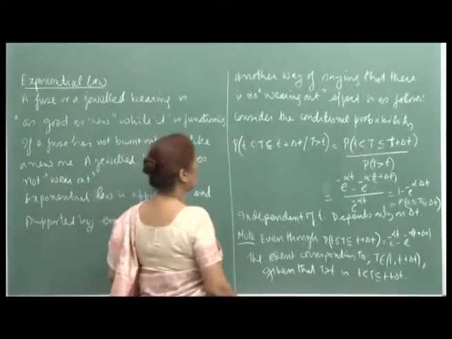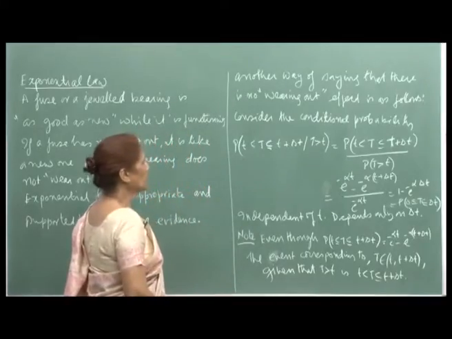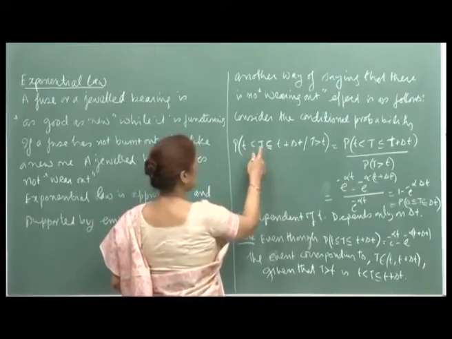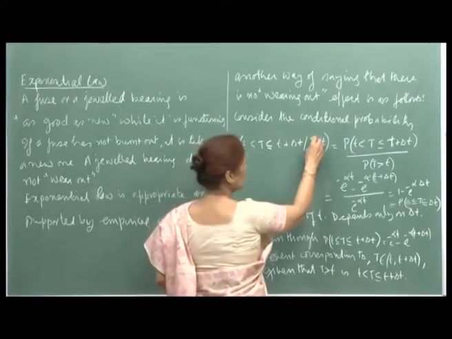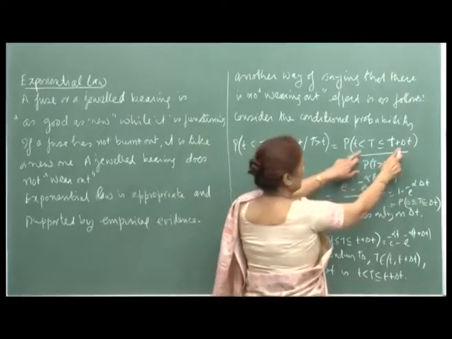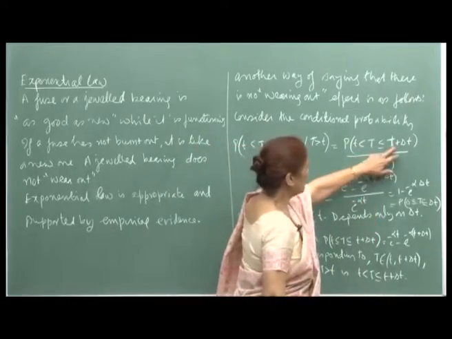Okay. So, another way of saying that there is no wearing out effect is as follows. Consider the conditional probability that capital T, the lifetime, lies between t and t plus delta t, given that capital T is greater than t. Now, the intersection of these two events is simply this, because here also T is greater than t and it is less than t plus delta t.